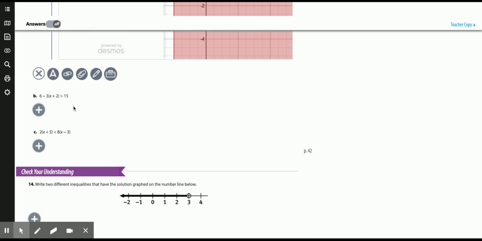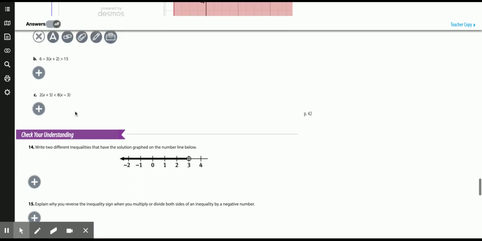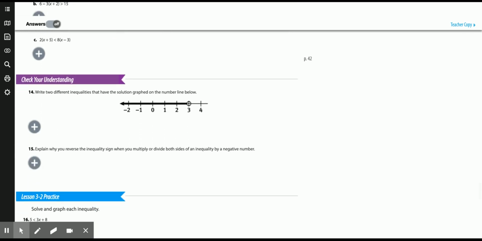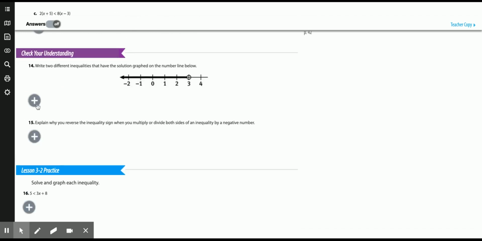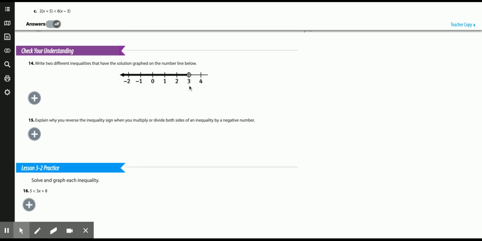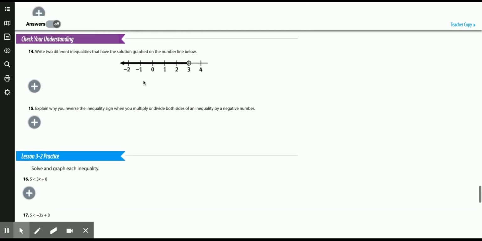All right. So I want you to try 14. Just tell me what inequality this could represent. It says there are two different inequalities that this solution represents.